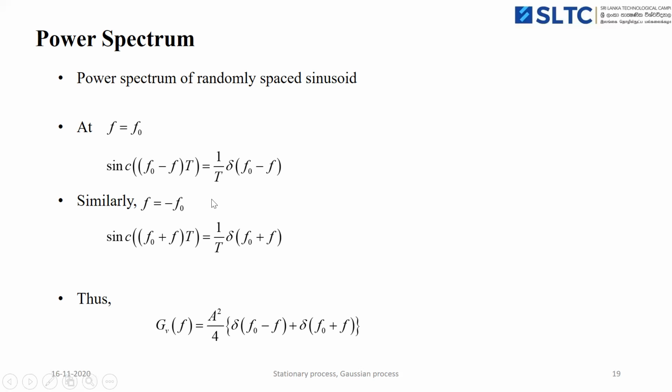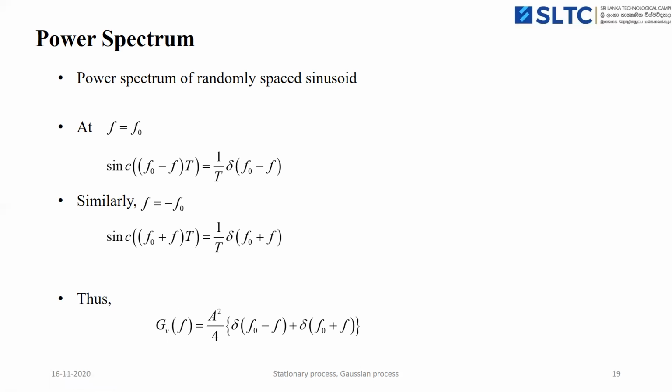Similarly, at f equal to minus f naught, the sinc function gives the maximum value. Only at sinc of 0 does it have the maximum value, so we can replace this sinc function by the delta function: 1 by T times delta of f naught plus f. Therefore, finally, the power spectrum of the given random process is G_V of f equal to A squared by 4 times delta of f naught minus f plus delta of f naught plus f.